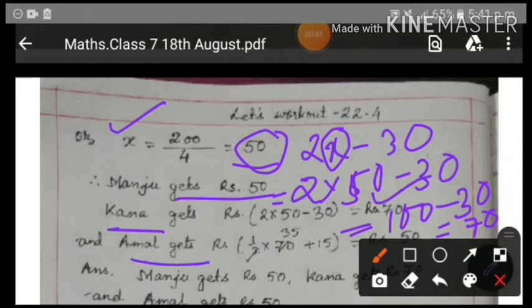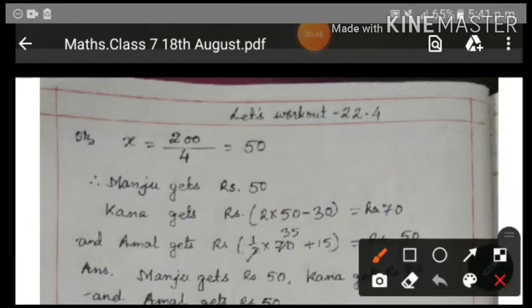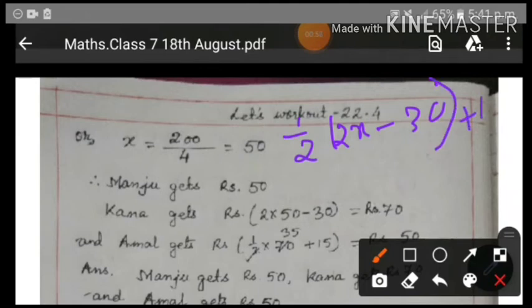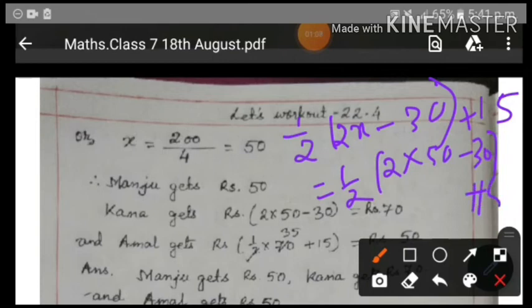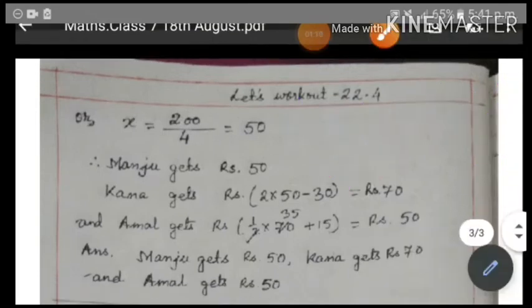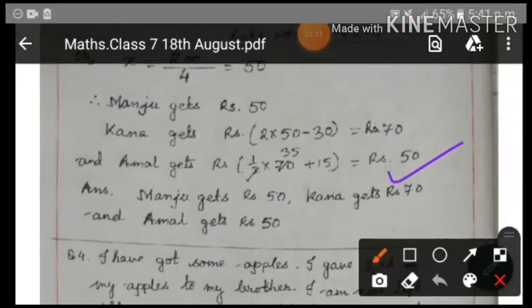Amal gets half of 2x minus 30, plus 15. Putting x as 50 and calculating, you get rupees 50. So Manju gets rupees 50, Kana gets rupees 70 and Amal gets rupees 50. This is the answer.